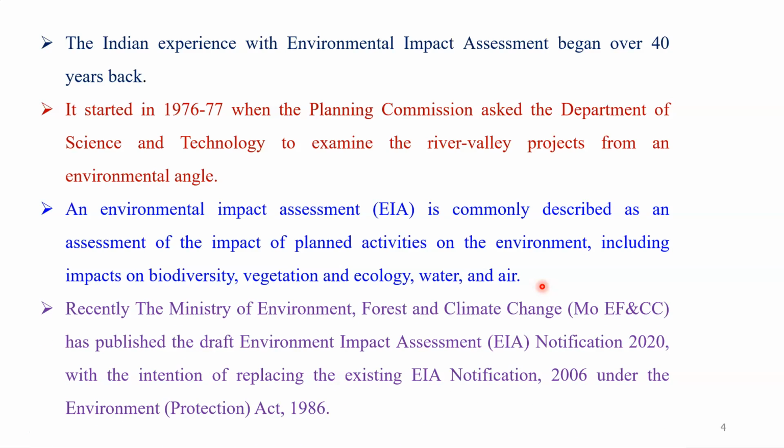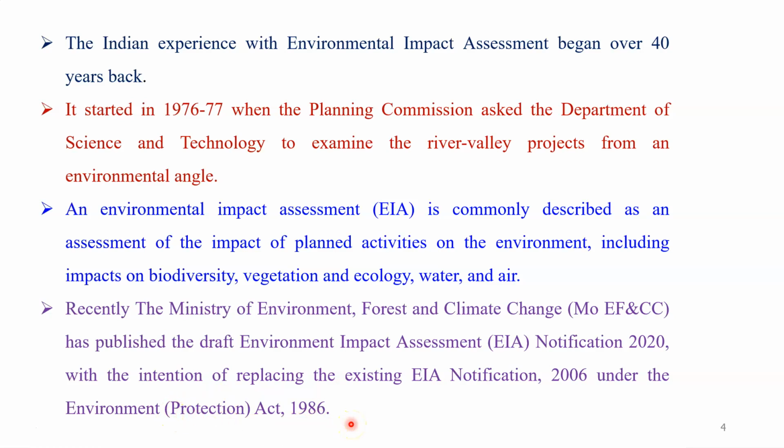Dear student, recently the Ministry of Environment, Forest and Climate Change of India has published the draft Environment Impact Assessment Notification 2020, with the intention of replacing the existing Environment Impact Assessment Notification 2006 under the Environment Protection Act 1986.